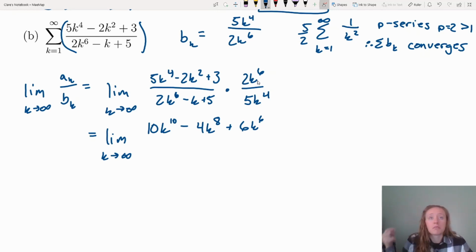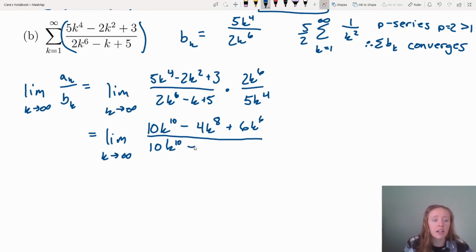Next, I'll go ahead and distribute that denominator through. So 5k to the fourth times 2k to the sixth is going to be 10k to the 10th, and then 5k times 5k to the fourth is going to be 5k to the fifth, and 5 times 5k to the fourth is going to be 25k to the fourth.